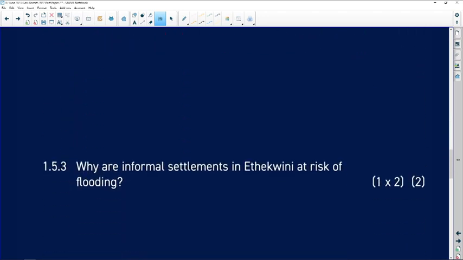Question 1.5.3, why are informal settlements in eThekwini at risk of flooding? Because they are situated close to the water, next to the rivers, usually building inside the floodplain.